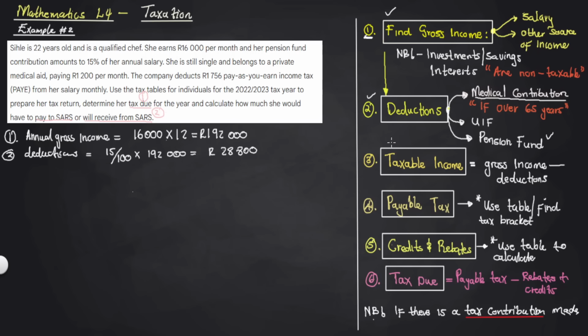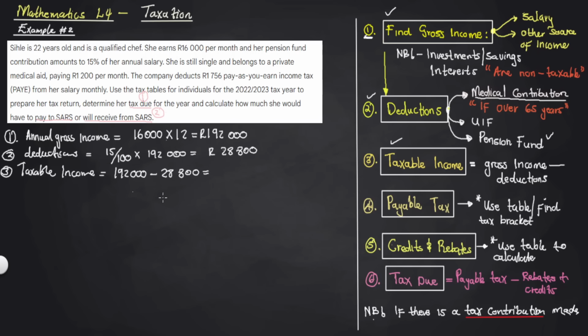So with the deductions, we can get the taxable income, number 3. Taxable income is equal to the gross income, which is 192,123 minus 28,800.